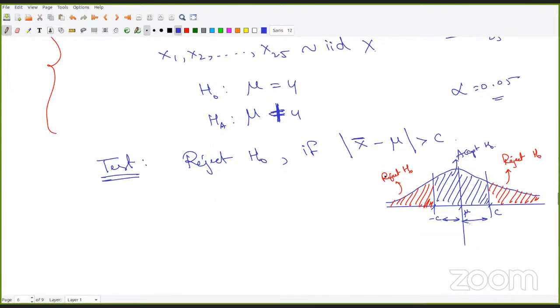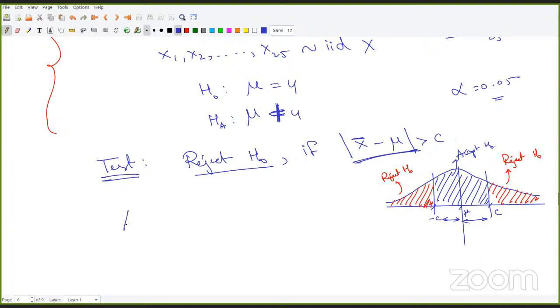Is this the region that represents it? We are going to reject H naught if the difference between the mean and mu is greater than c. So when will it be greater than c? If your mean is somewhere in this region or in this region, the modulus of the difference will be greater than c. The difference between the mean and mu should be less than c for acceptance.